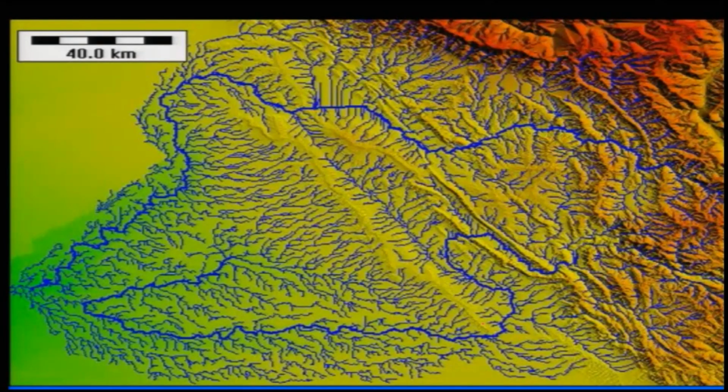So, as we were talking about, we can easily mark the drainage divide if we carefully take into account in which direction the streams are flowing. So, this stream, for example, is flowing and joining this main stream here, and these are all streams which are flowing in this direction. Okay.